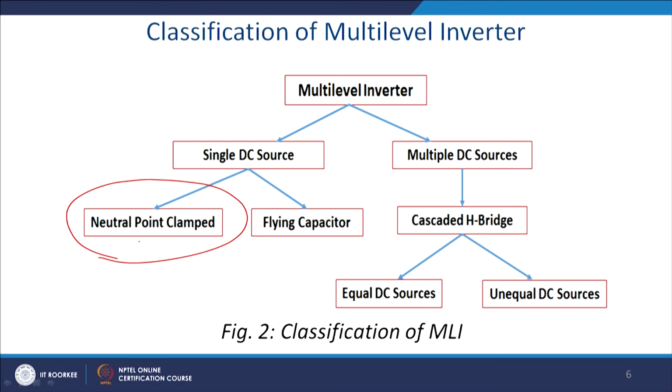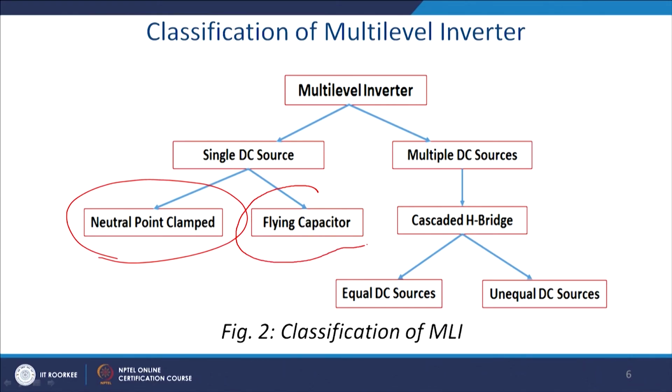The next topology is the flying capacitor. Here the voltage is applied through different charging and discharging of the capacitor, but to operate it properly you require to charge and discharge the capacitor in a controlled manner to get the desired voltage. Thus, there is a complex construction involved, and you can have a cascade multilevel inverter.